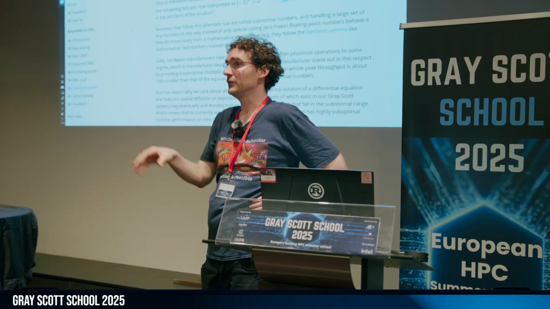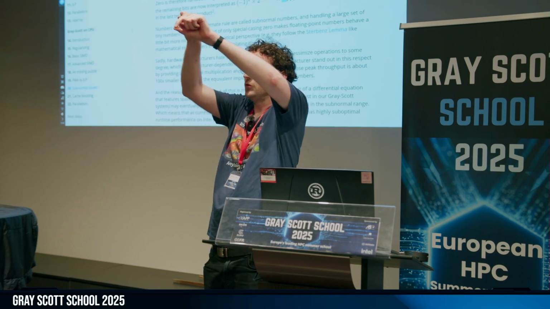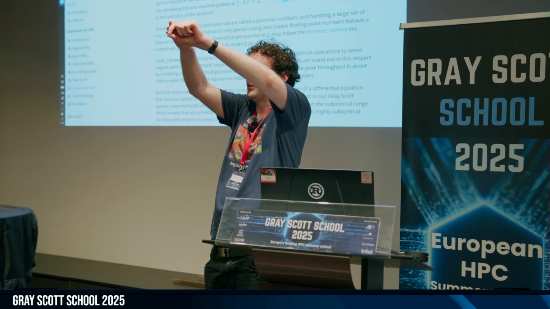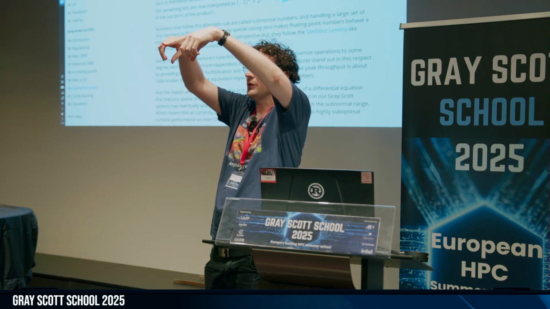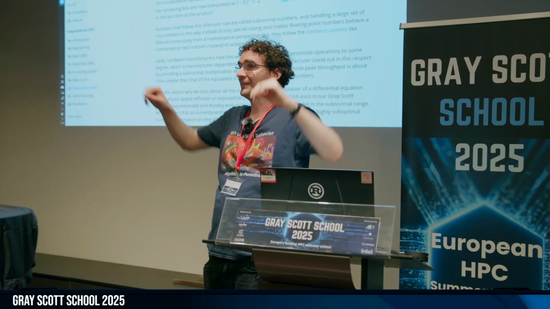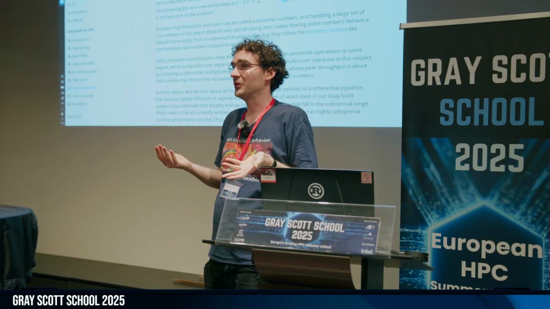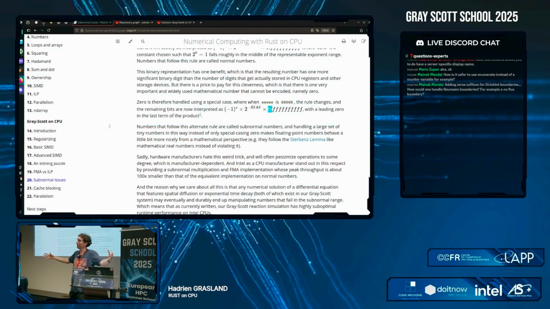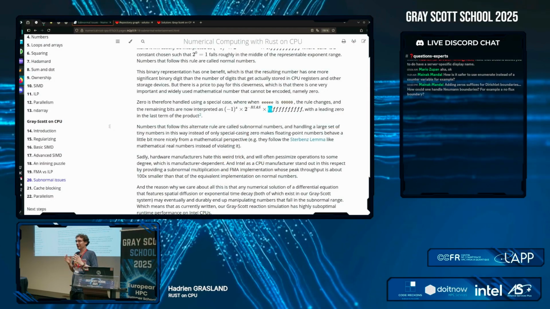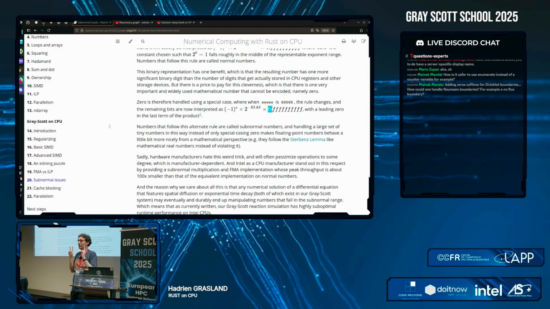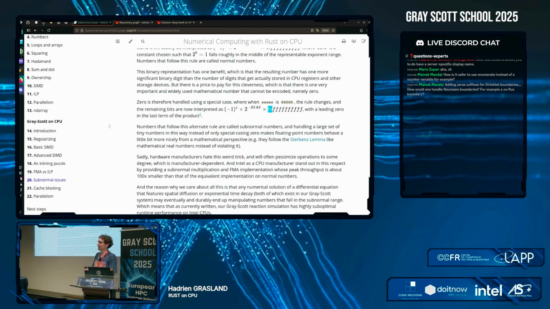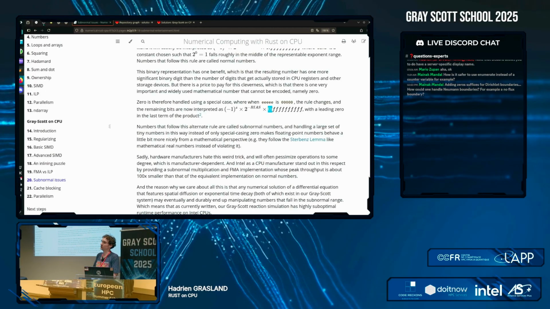Now, take spatial diffusion. Let's say you put some matter in your simulation, and you say that if the concentration is not homogeneous, you start spreading it. Now, you still get exponential decay. It's in space instead of in time. So here again, you get subnormal numbers. Our Gray-Scott reaction diffusion system has both of these, so it gets twice the fun.